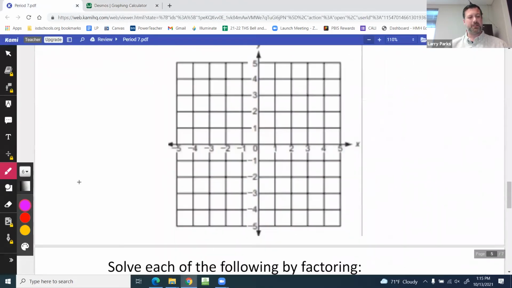Axis of symmetry would be x equals 1. So I just come to my graph and I plot the vertex. It's right here at 1, 3. I can make that a little larger. And remember, the axis of symmetry would be the line going straight down right here.